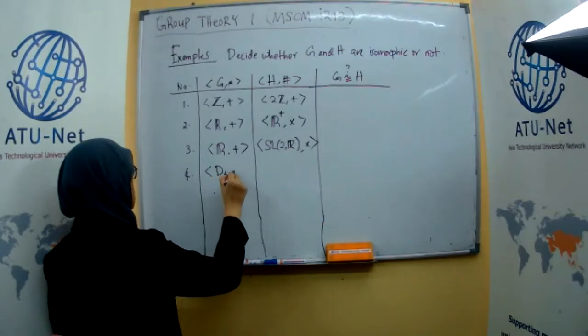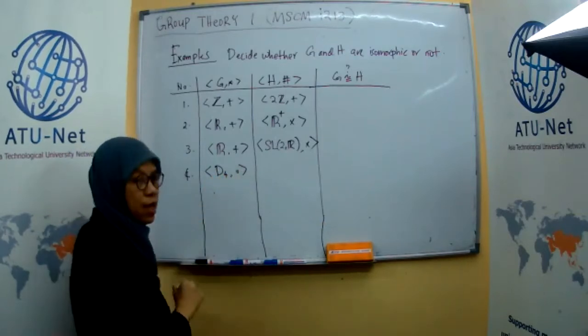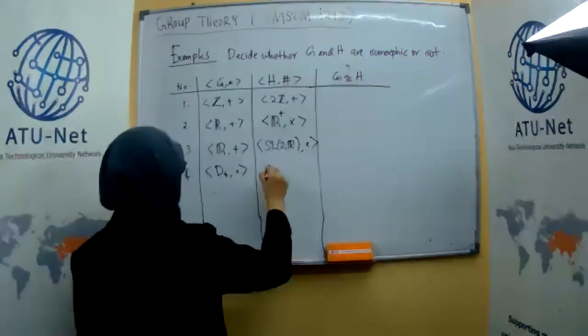D4, dihedral group of order 8. Dihedral group of order 8.